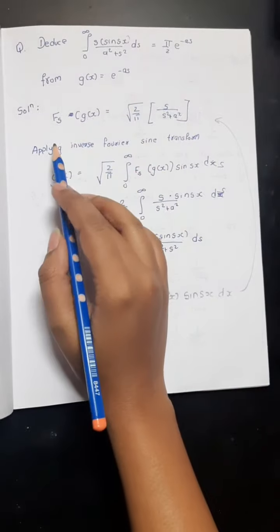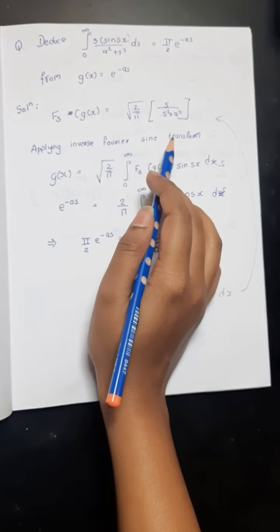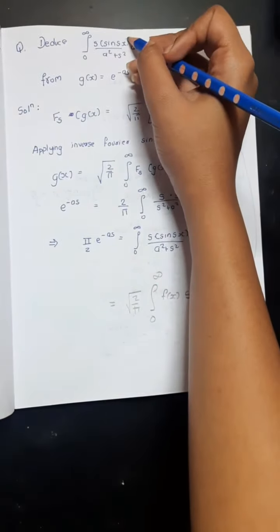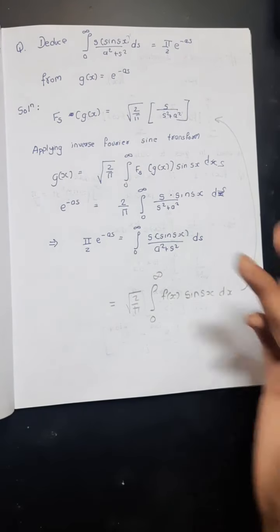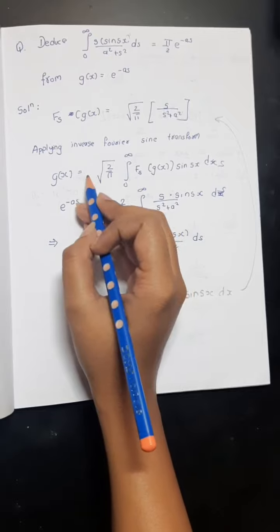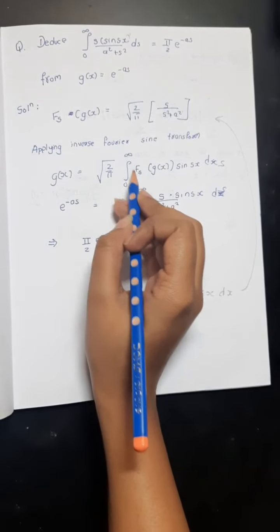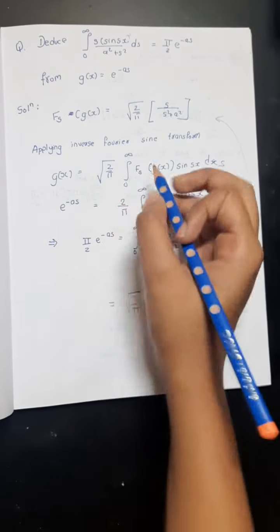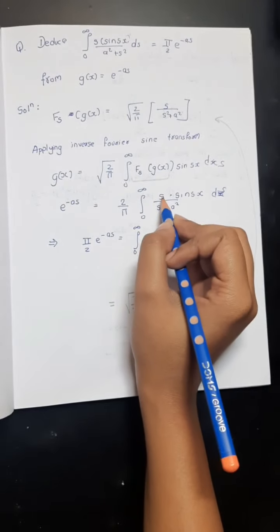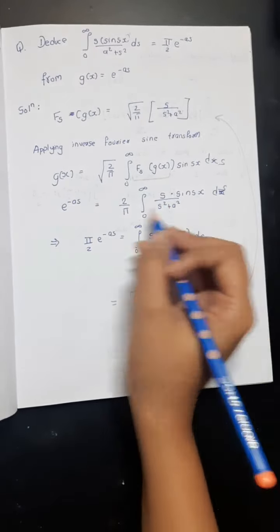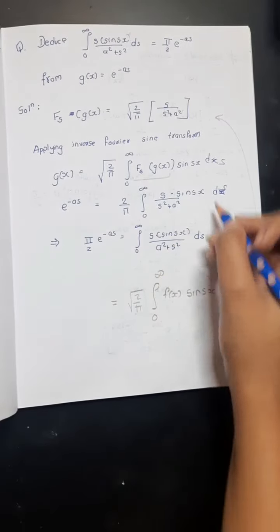So over here, using the inverse Fourier sine transform, as this term has sine in it, we get a hint that we need to use the sine transform, which is equal to under root 2 by pi integration from 0 to infinity of the transform of g into sine sx. So this value we will substitute, and on rearranging certain terms we get the answer.